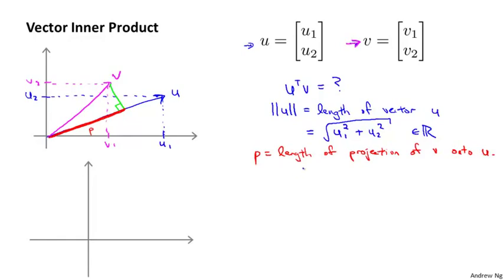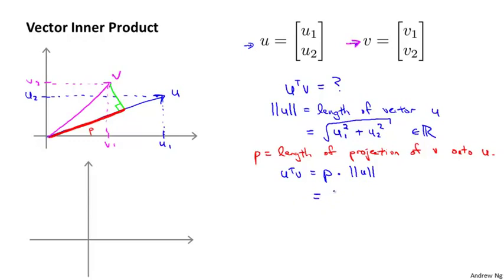And it's possible to show that the inner product u transpose v is going to be equal to p times the norm, or the length, of the vector u. So this is one way to compute the inner product, and if you actually do the geometry and figure out what p is and figure out what the norm of u is, this should give you the same answer as the other way of computing the inner product, right?